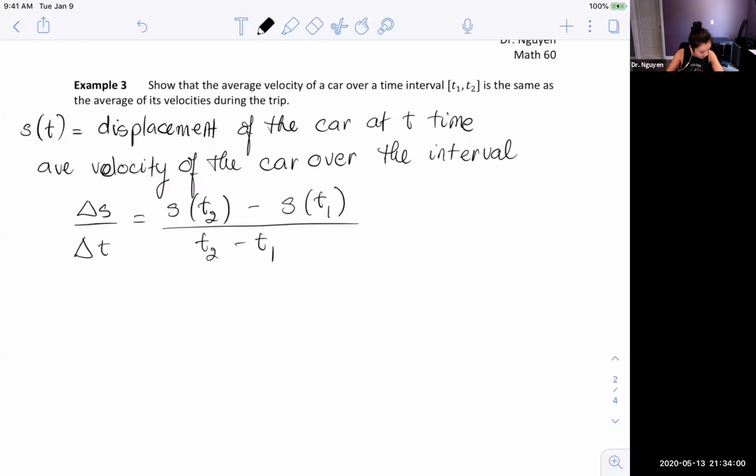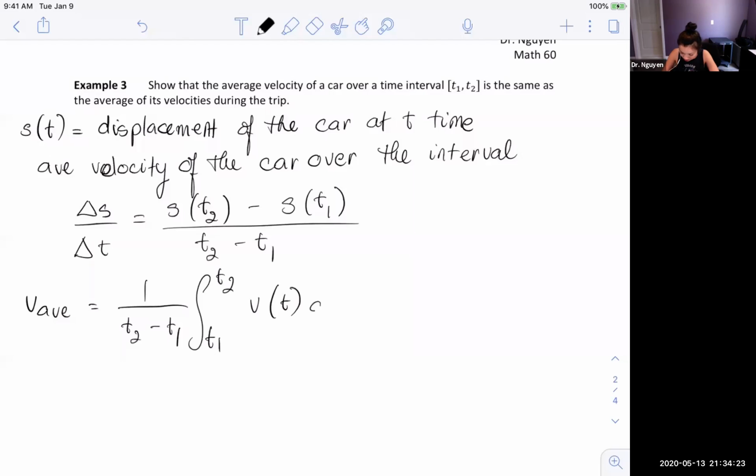All right, now we know the average value of the velocity function is going to be, by definition earlier, 1 over t2 minus t1, that's the interval. We go from t1 to t2, and then the velocity function, v of t dt.